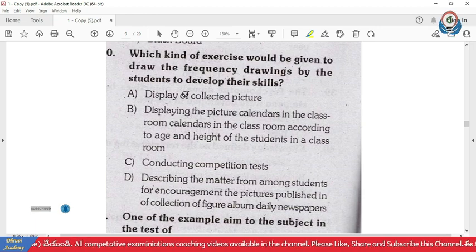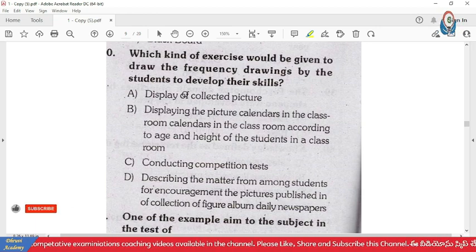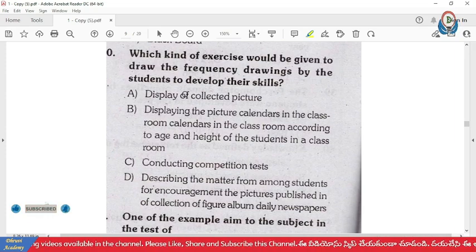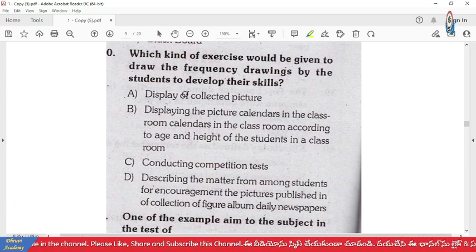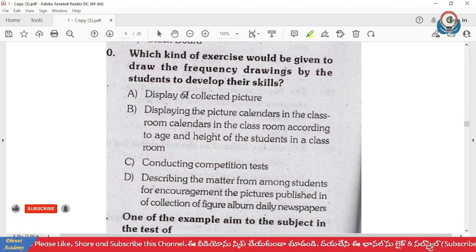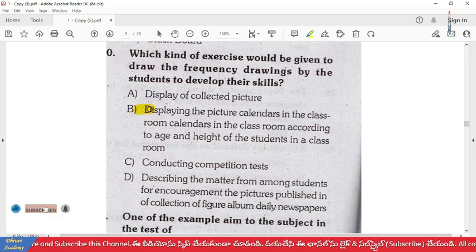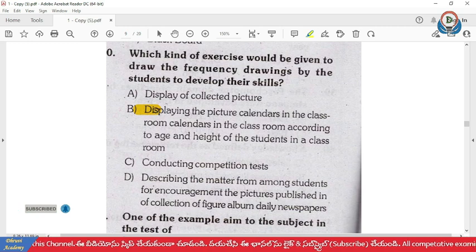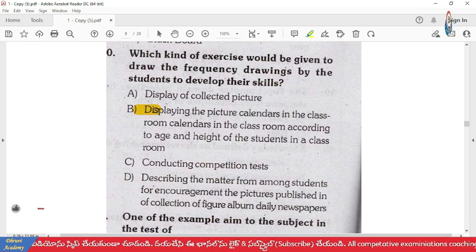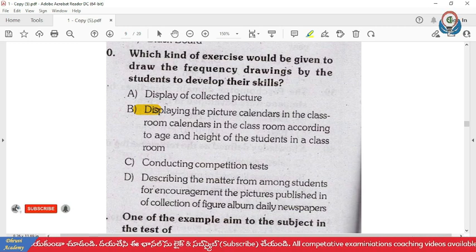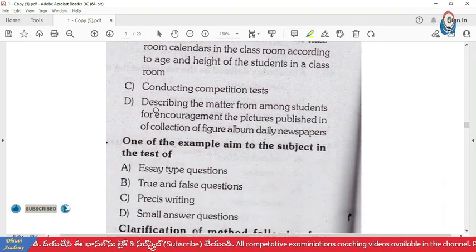The pictures published in the collection of figures, album, daily newspaper. Which is the right answer? Its answer is B. Displaying the picture of calendar in the classroom according to the age and the height of the student in a classroom.